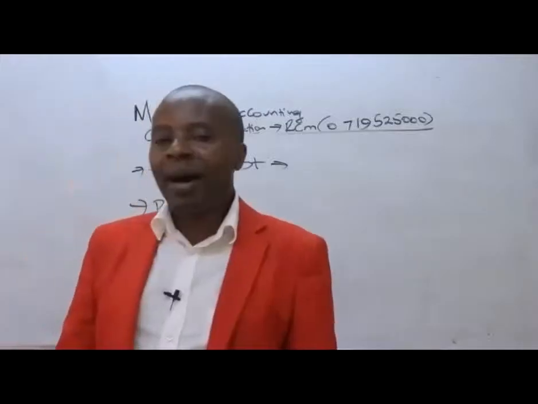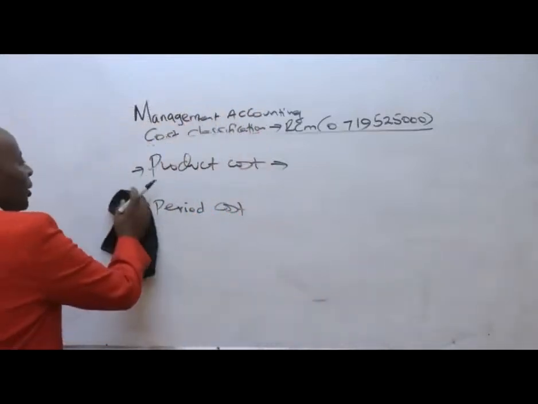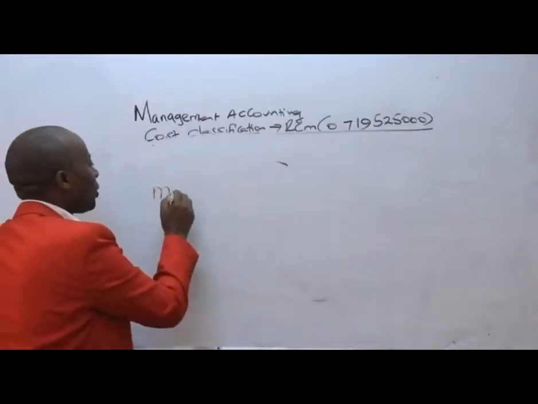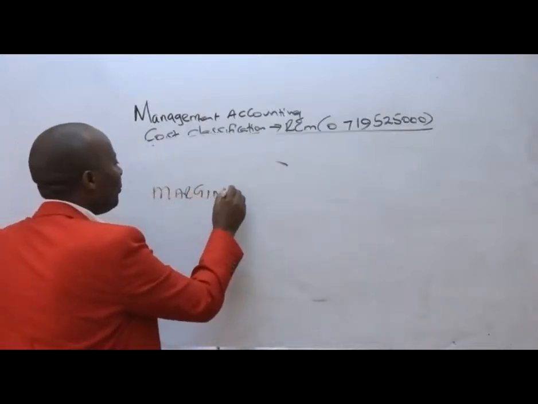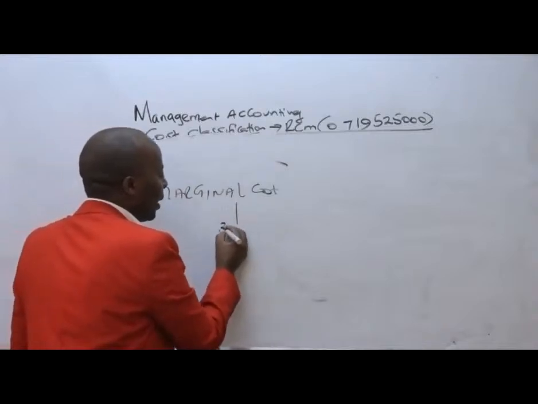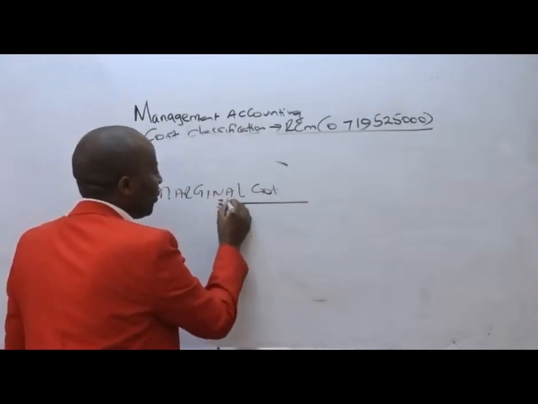When we talk of marginal cost, ladies and gentlemen, if, for example, we have here 30 units, and then we have 31 units here.